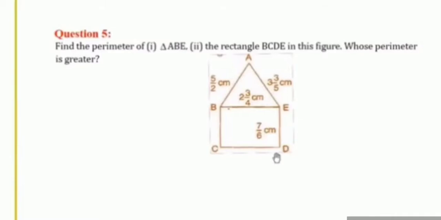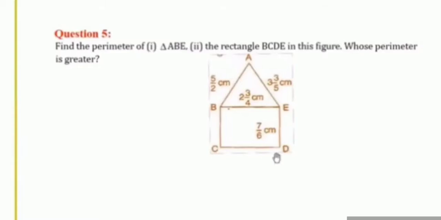First one is triangle ABE and the second one the rectangle BCDE. In this figure, whose perimeter is greater? So scholars, as you can see here, one figure is given and there are two parts. One is a triangle and the second one is a rectangle. Okay.